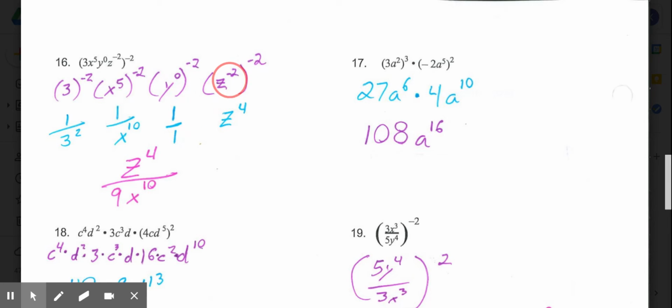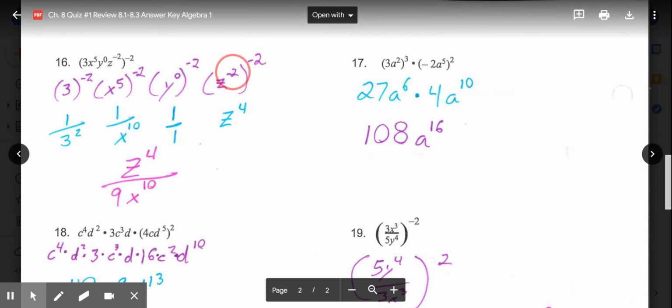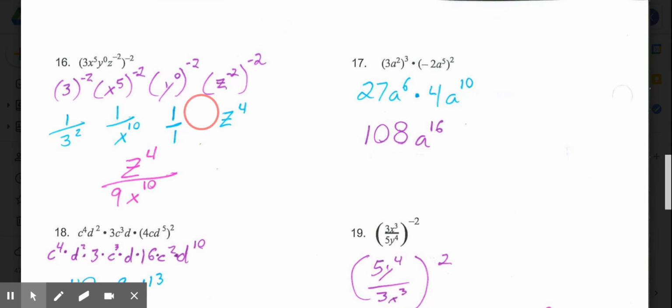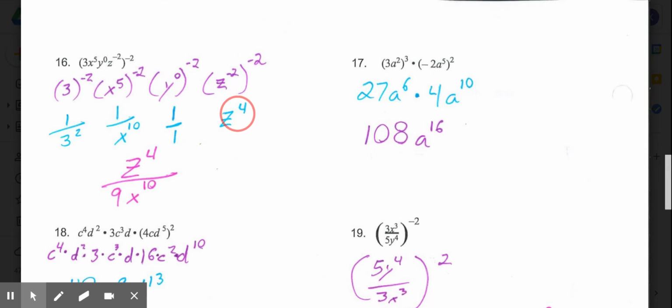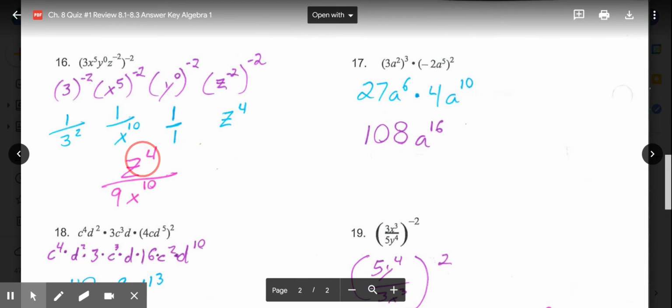And then with z to the negative 2 to the negative 2, negative 2 times negative 2 is a positive 4, so we'd have z to the fourth. So when I look at my different terms, the only thing that should be on top is z to the fourth, and then on bottom I have 3 squared, which is 9, x to the 10th.